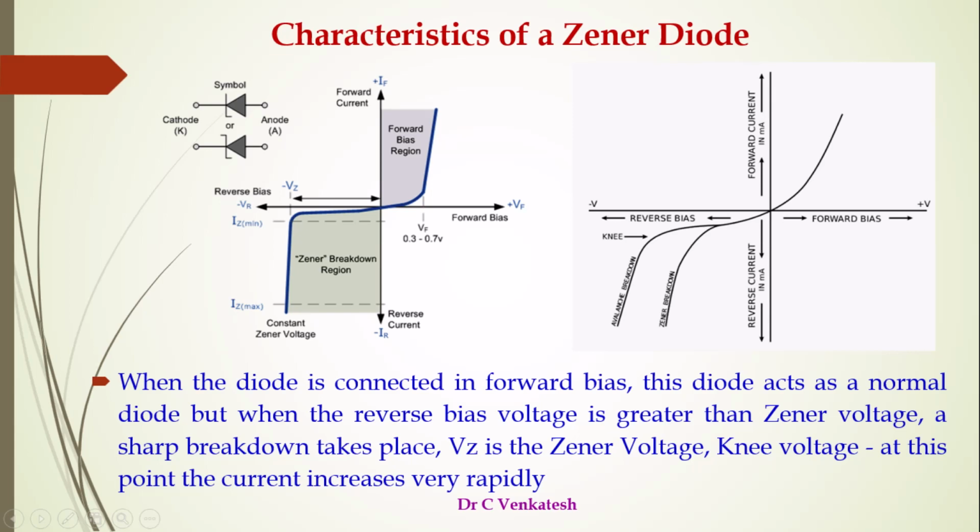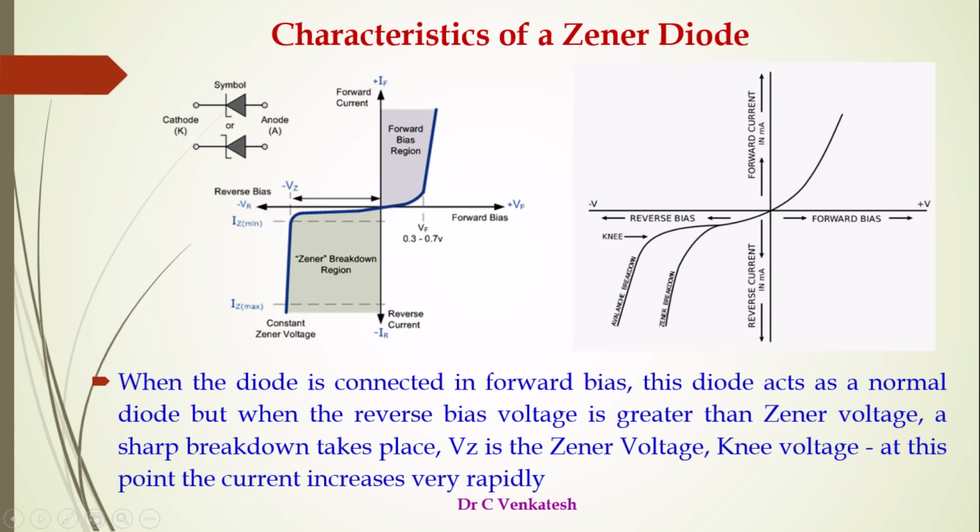Once the source voltage increases near the VZ point in the graph, the breakdown takes place, Zener breakdown takes place. That is, from the covalent bonds, a large number of electrons come out. That breakdown is a sharper breakdown. That is the Zener breakdown.